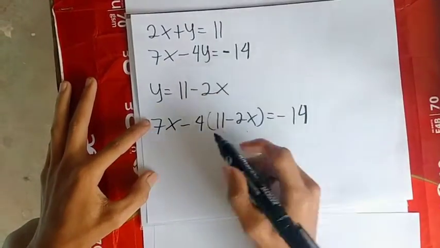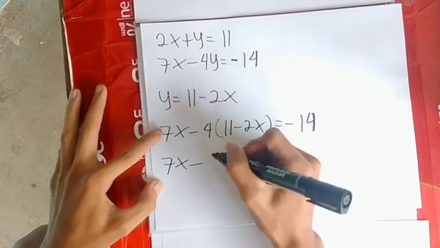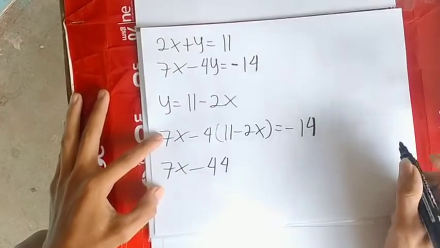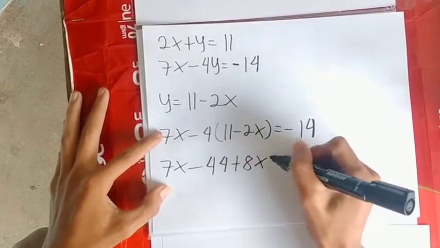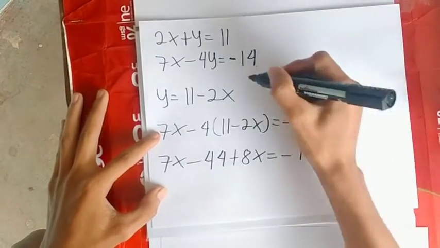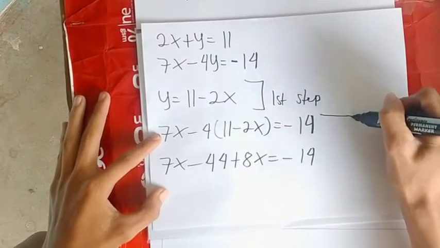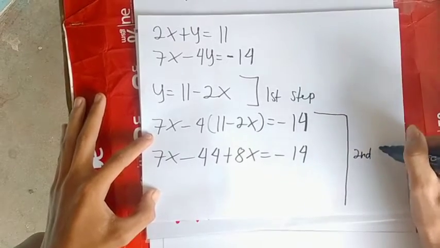Then distribute: 7x plus 4 times 11 is 44, and negative 4 times 2x equals negative 8x, equals negative 14. This is the first step, and this is the second step.